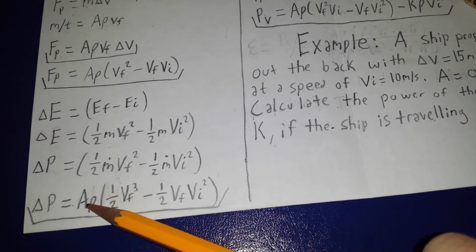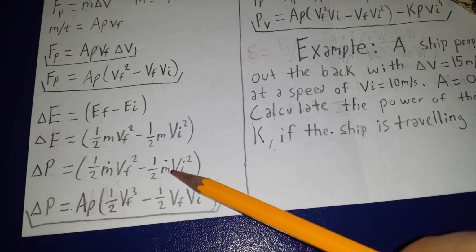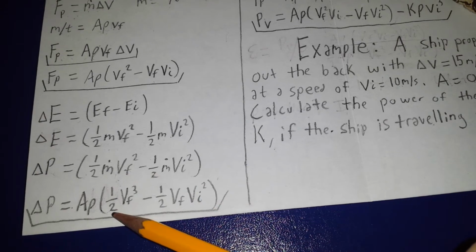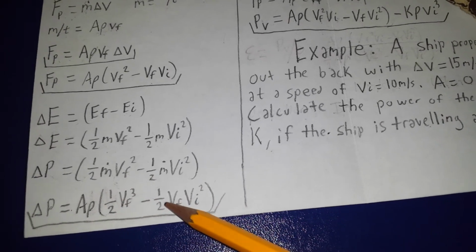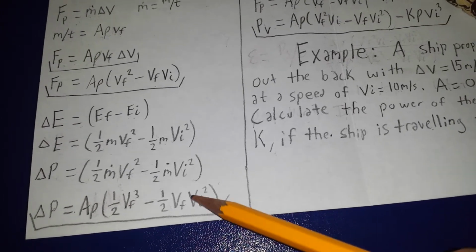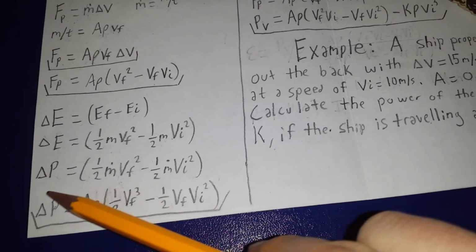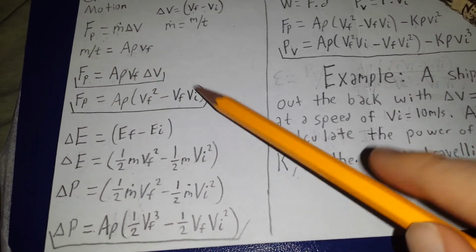So we take area and rho and bring it outside, and we multiply the final velocity by both of these terms to get 1/2 the final velocity cubed minus 1/2 the final velocity times the initial velocity squared. And this is the power required to generate this thrust.